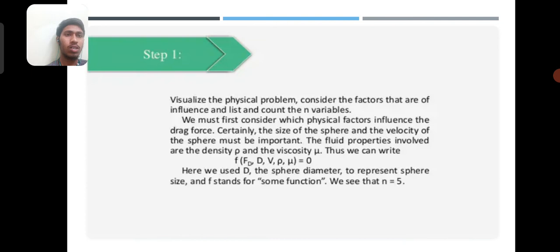Thus we can write f of F, D, V, rho, mu equals 0. Here we use D, the sphere diameter, to represent the sphere size, and f stands for some function, and we see that n equals 5.